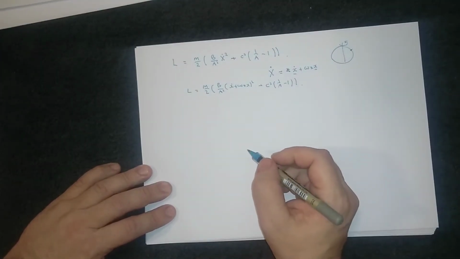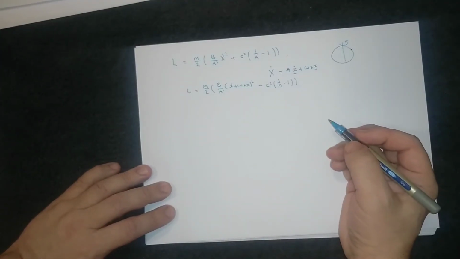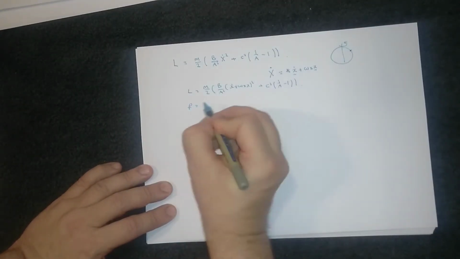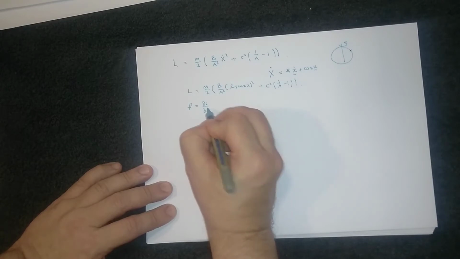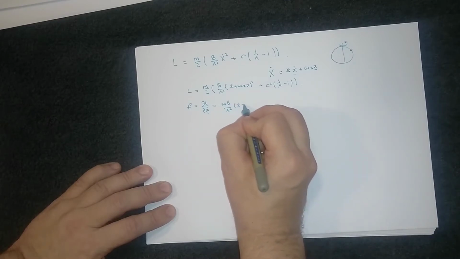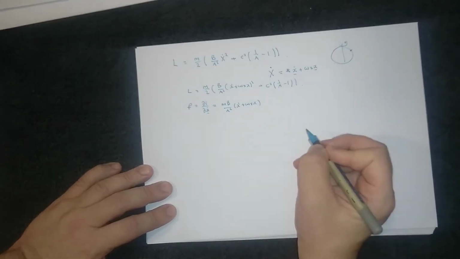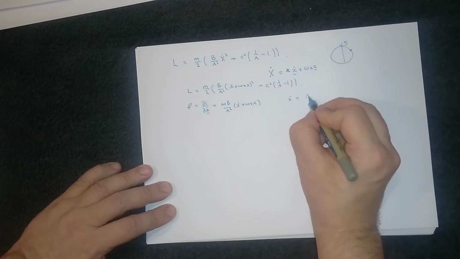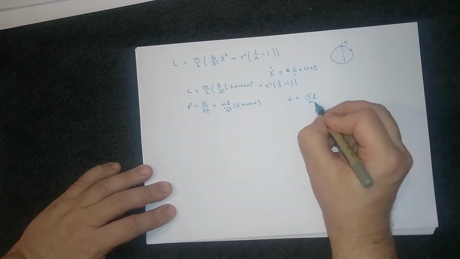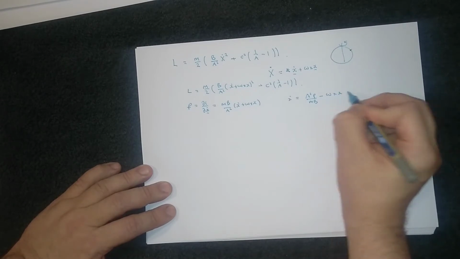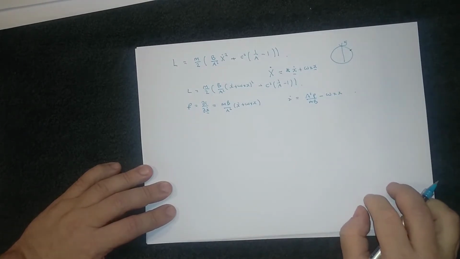At this point, let us construct a Hamiltonian. So we write p as dL by d little x dot, which is mb over a squared (x dot plus omega cross x), or in other words, x dot is a squared p over mb minus omega cross x.